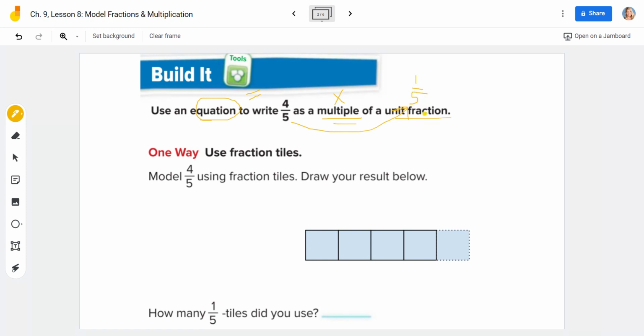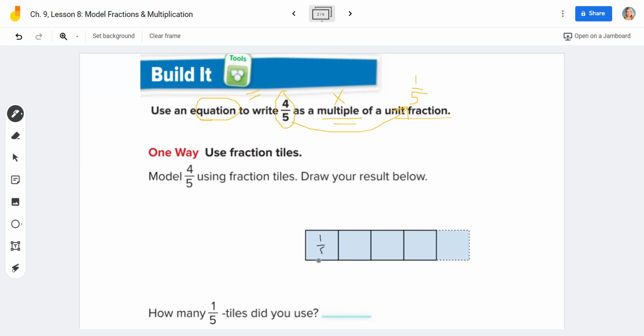So I'm just going to break this down for you to help you understand what's going on, and then I'll show you the easiest way to do this. All right, so let's think of this as fraction tiles. If I had 4/5 and I needed to show what that looked like as fraction tiles, I would have 1/5.